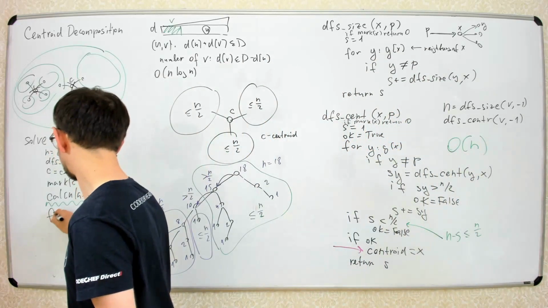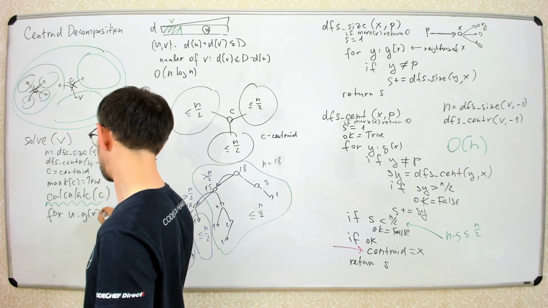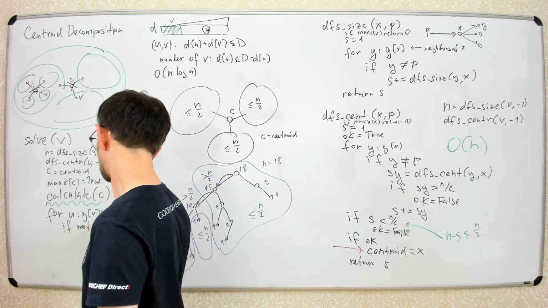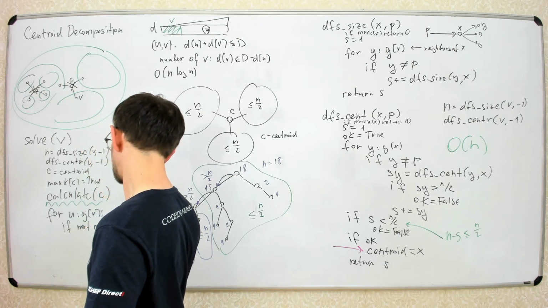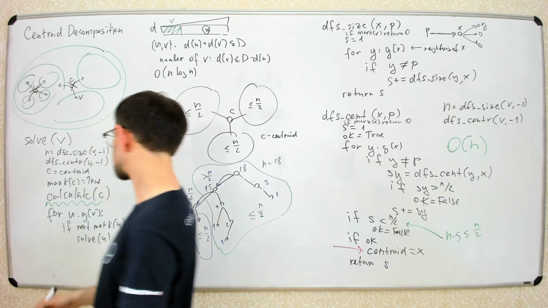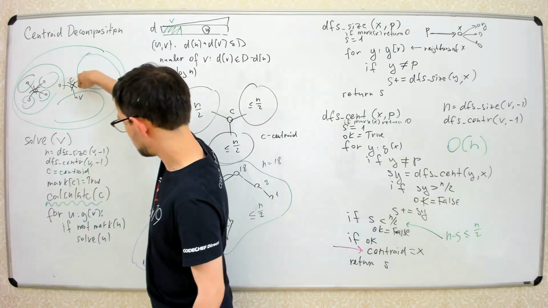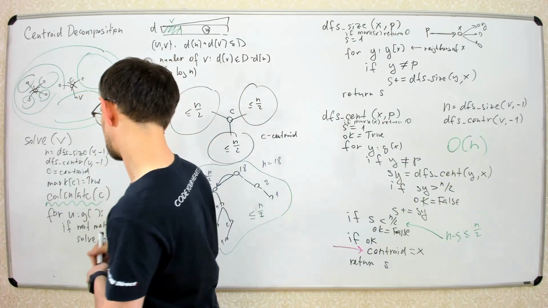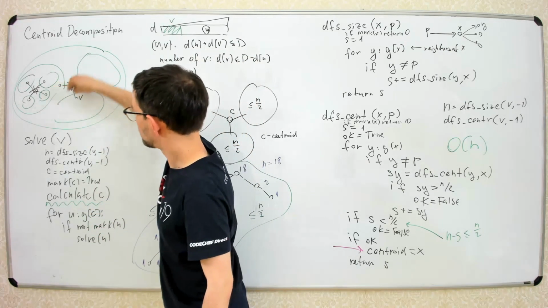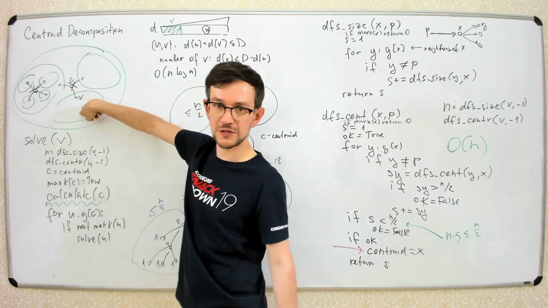So now you iterate over all nodes U which are neighbors of V and, if U is not marked, you call the solve like this. So again, you take this node C, remove it from the tree, take all neighbors of this node C, and call the same procedure for each of these parts.